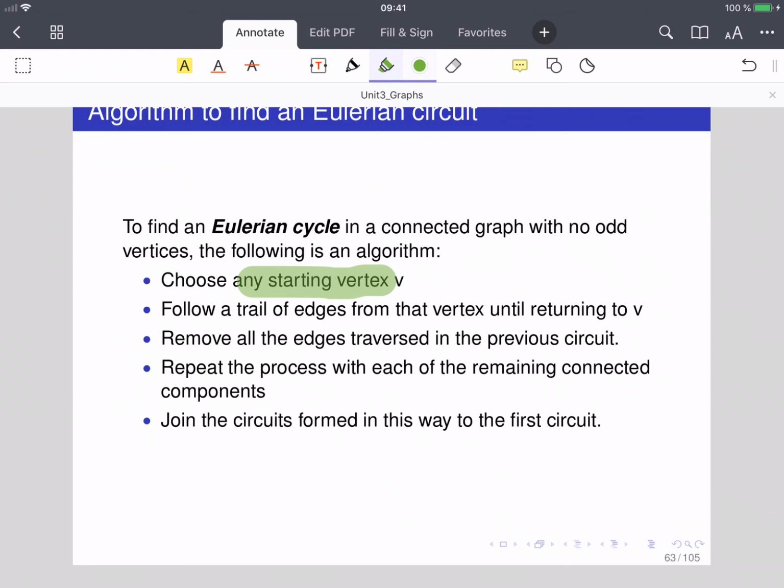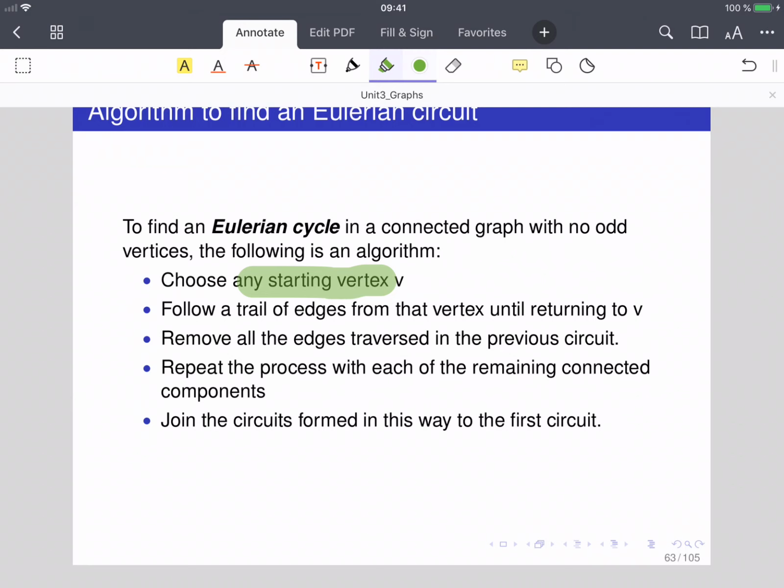Why? Because we are in a graph in which there are no odd vertices. So what we know is that the degree of all the vertices is even. So when we enter one of the vertices, we have another edge to go out. So we can always go out. Since the first vertex also has even degree and we have used only one of its edges, we must eventually return to that vertex.